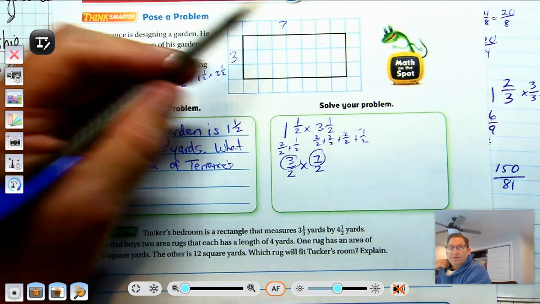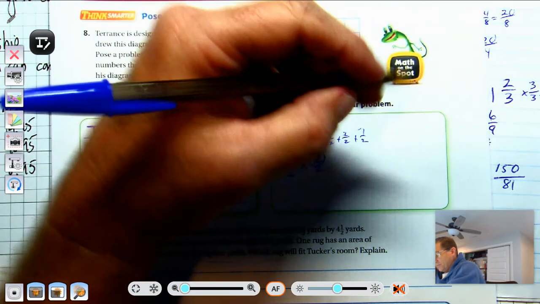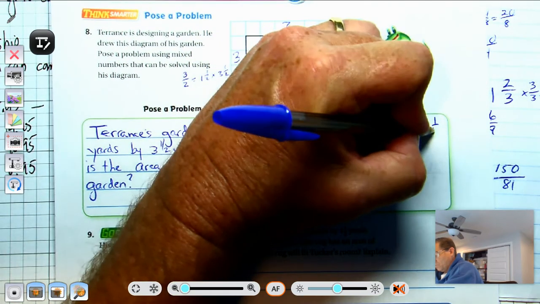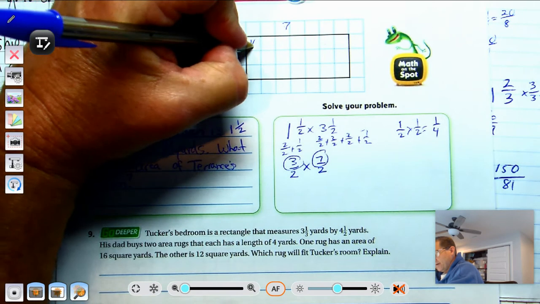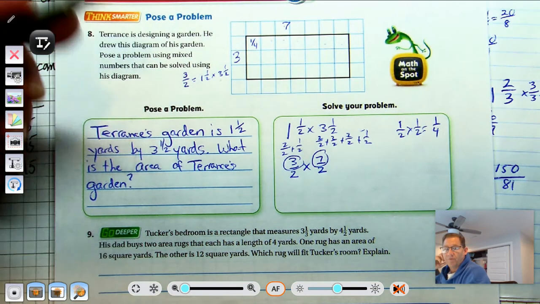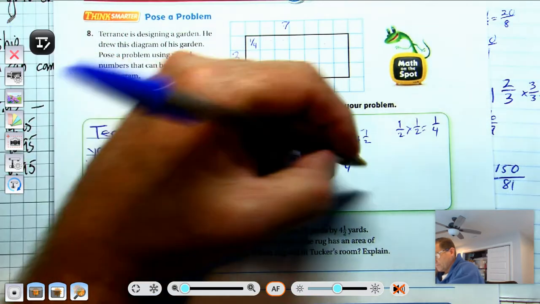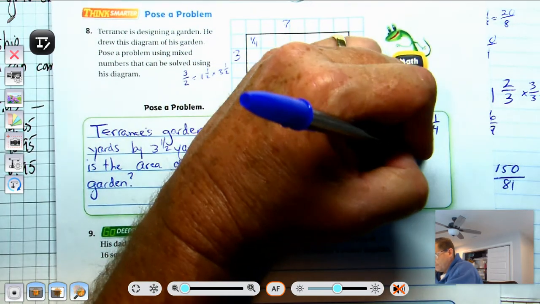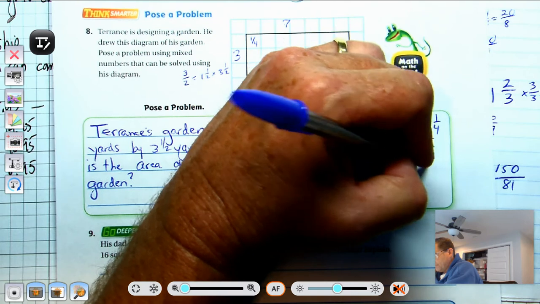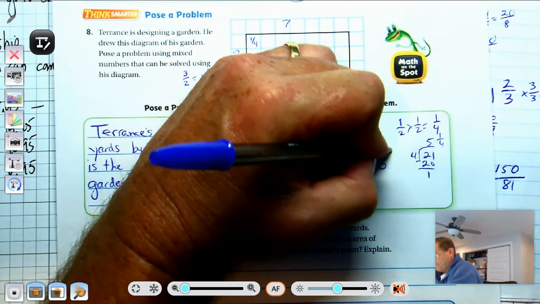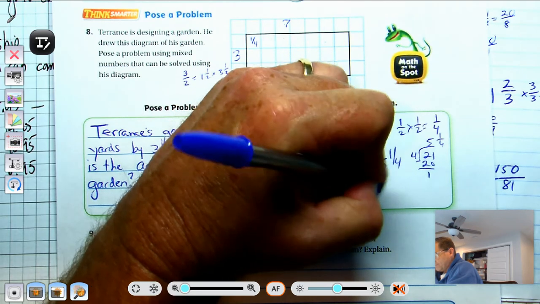We see 3 times 7. So each of the pieces would be 1/2 times 1/2, or 1/4. So the area of each square is 1/4. So he has 21/4, or 5 1/4 square yards.